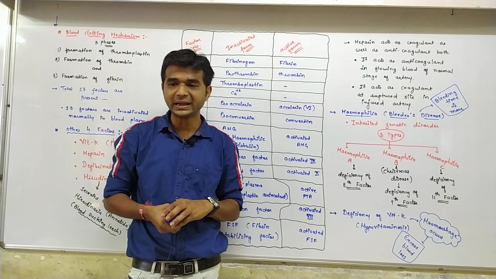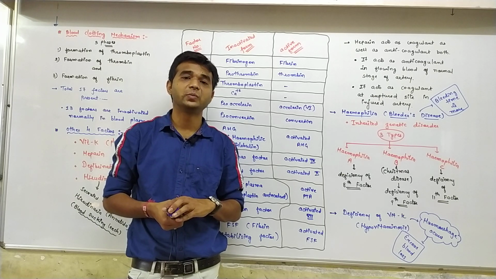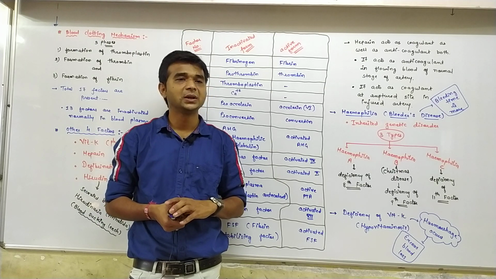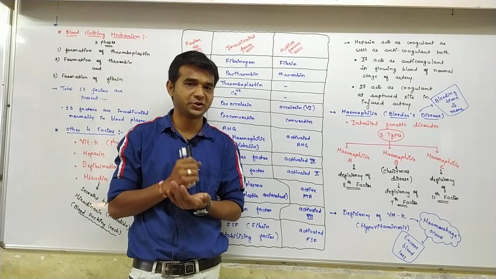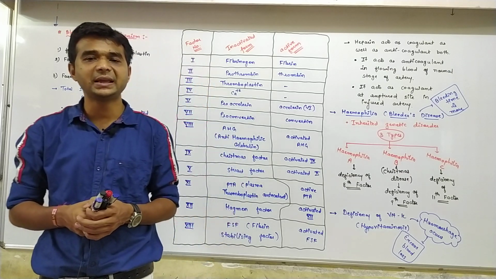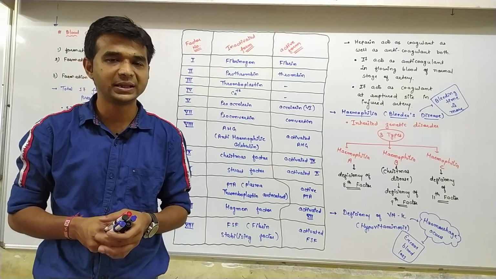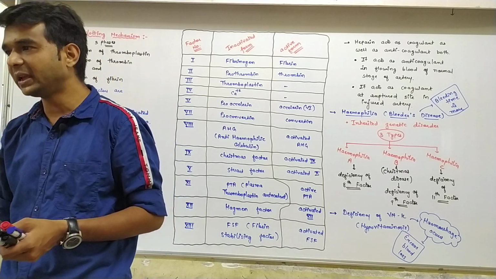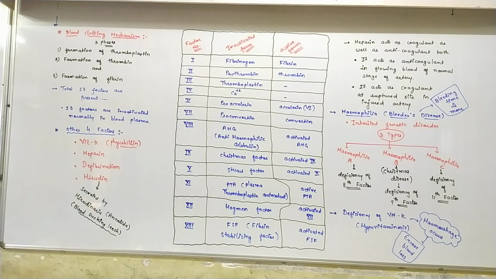It occurs due to hypovitaminosis, whereas hemophilia is a genetic disorder. So if the person has hemorrhage, by application of vitamin K, you are able to cure the person, but it is unable to cure hemophilia. Okay.